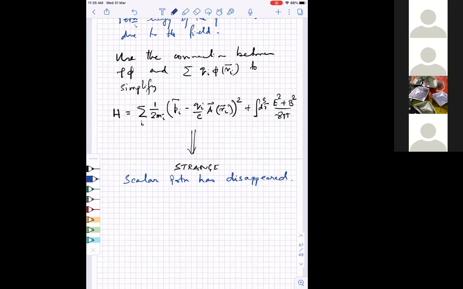But you have always learned from the very beginning, when you started with electrostatics, the first thing we started this whole series of lectures with was writing the energy in terms of the potential, the scalar potential. So the scalar potential has disappeared. So the question is, where is it? Is there some inconsistency over here?